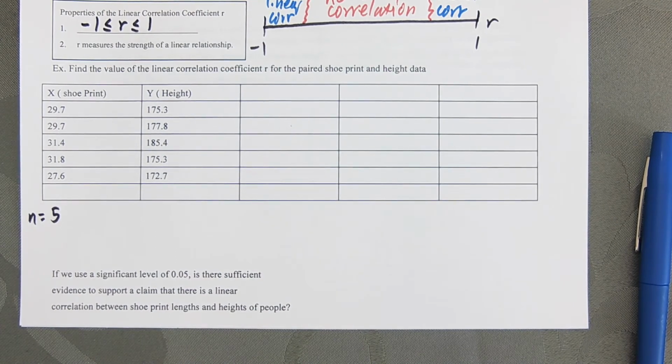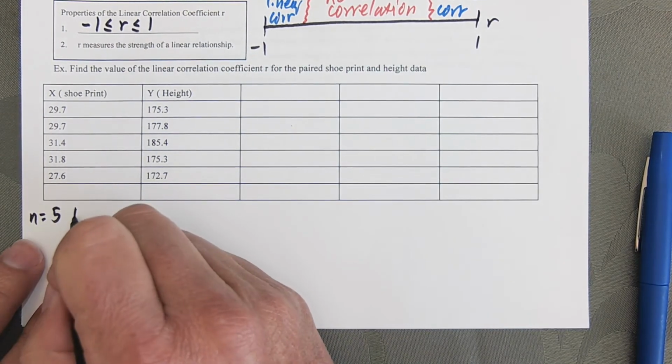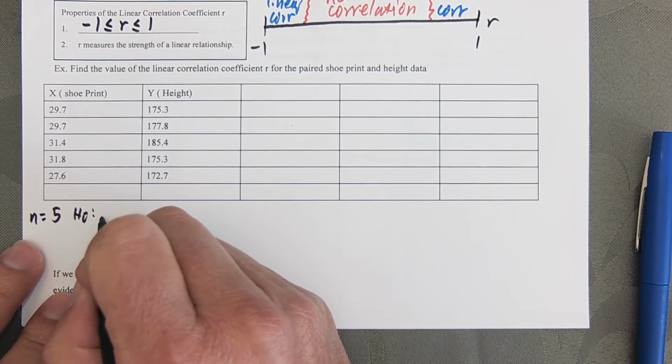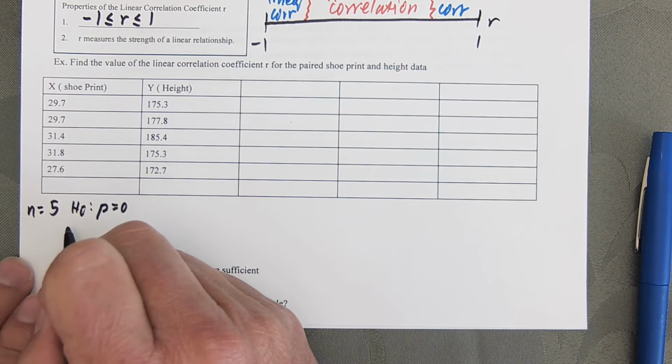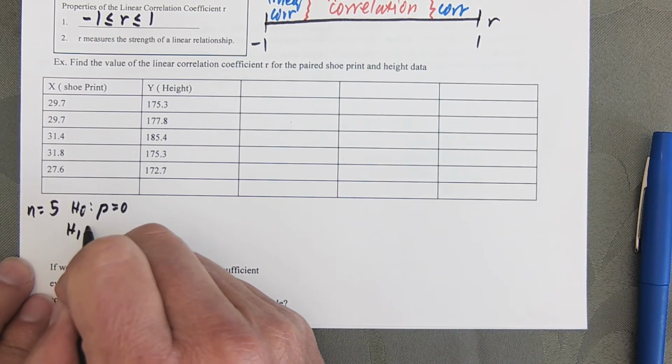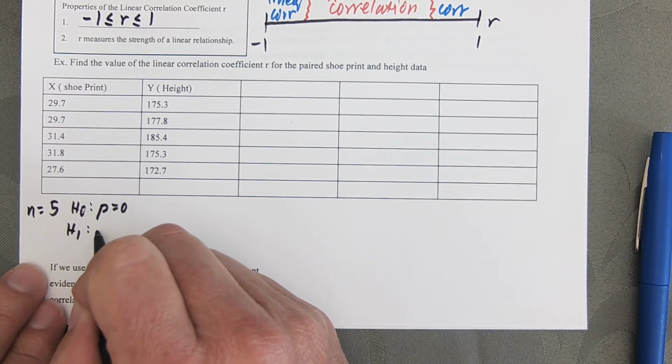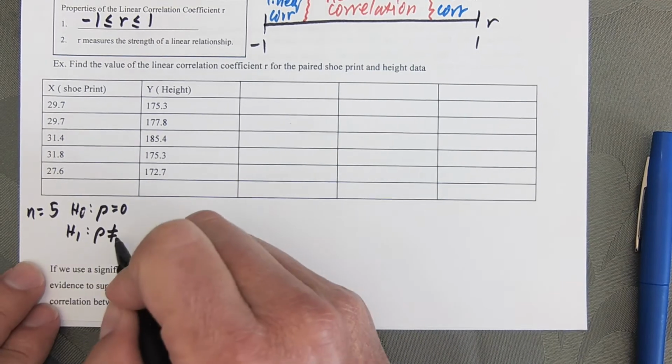And so what we need to do first is come up with our null hypothesis. And this is that rho is equal to 0. This means, I'll write that down in a second. H sub 1 is that rho is not equal to 0.